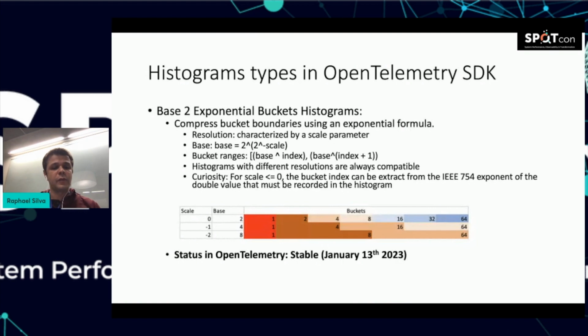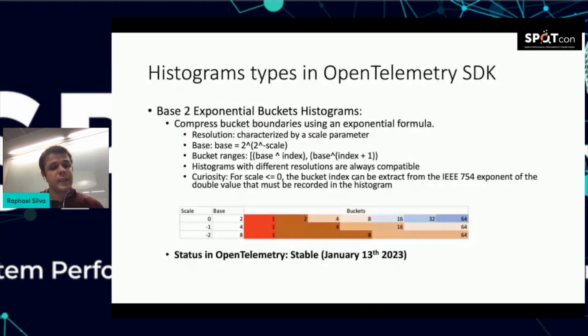And then we have this formula here, 2 to the power of 2 to the power of 1 minus scale. And the bucket ranges are defined in this way. The bucket range can be calculated from the index of the buckets, which is a nice property.